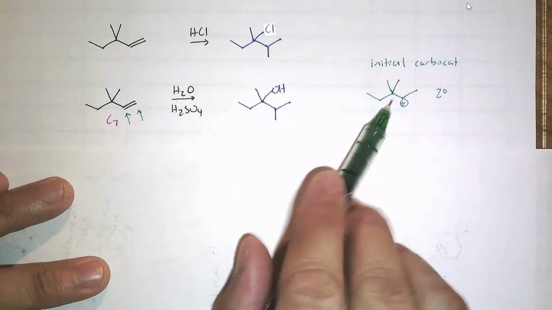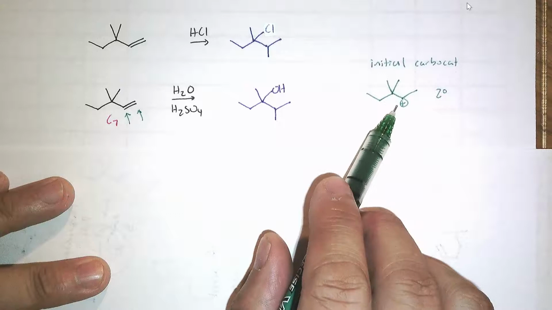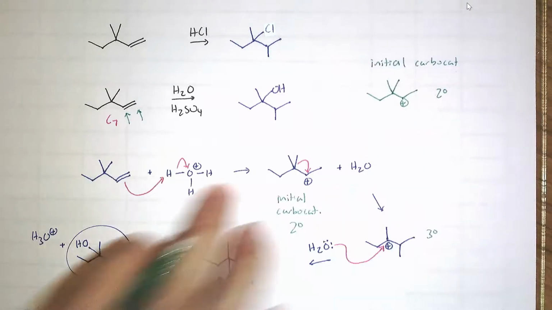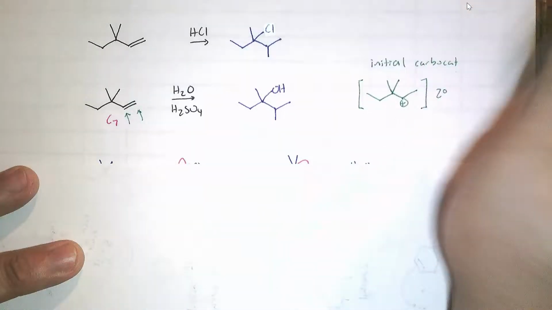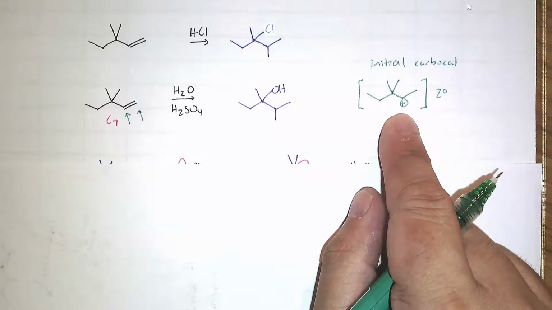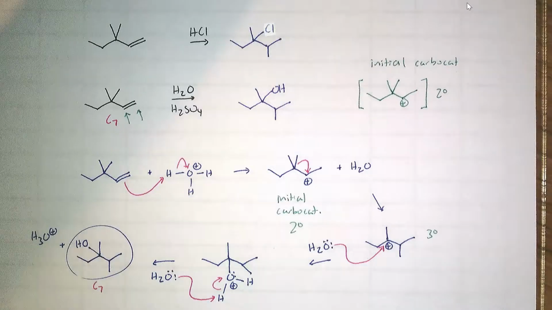If it's a secondary carbocation, be on the lookout. Can I move anything, a hydrogen or a methyl, to make it tertiary? That's the trick. Okay, so without having to go through the whole mechanism, draw the initial intermediate, and ask yourself if you can make that secondary carbocation into a tertiary. Okay. Is there any other example?